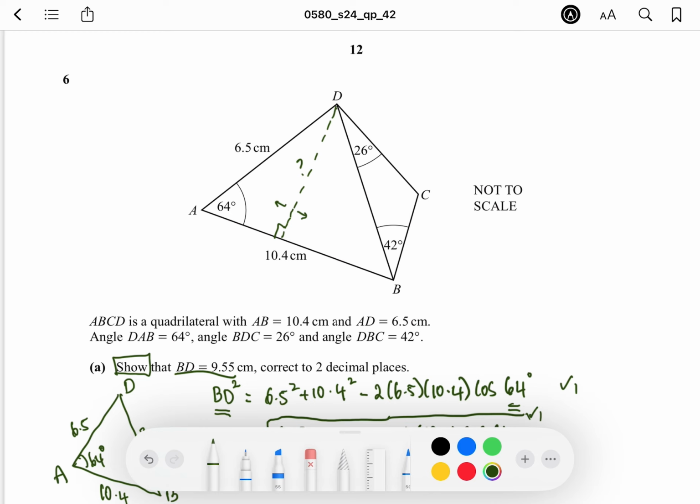So in order to use Pythagoras, we need to have this distance, which you do not. Jadi you can't use Pythagoras.